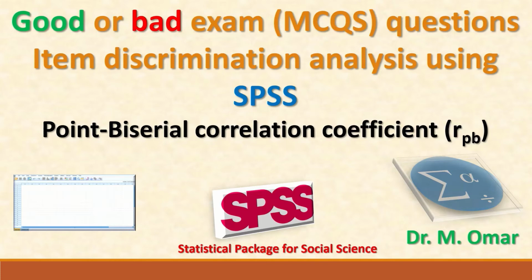The point biserial correlation coefficient, a statistical test, is one of the methods to analyze questions or items in an exam. Item discrimination: item means a question or refers to a question.